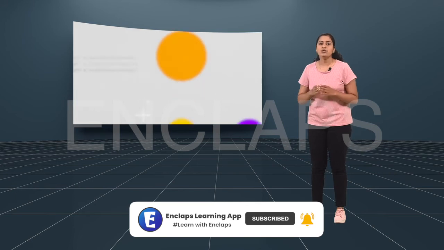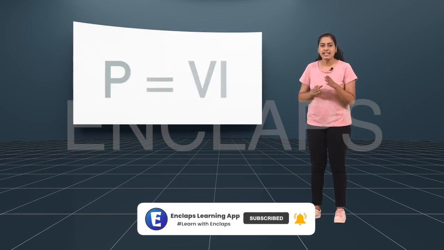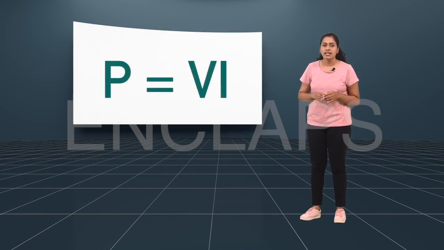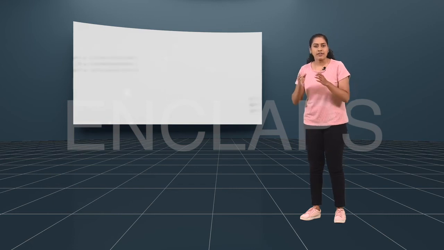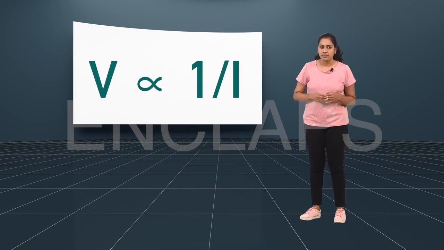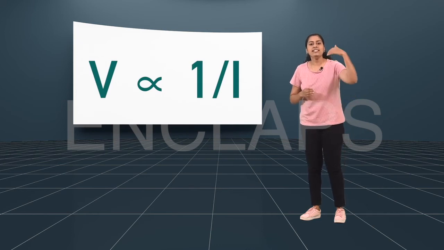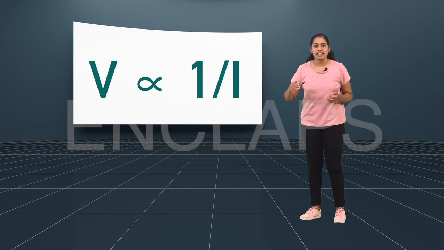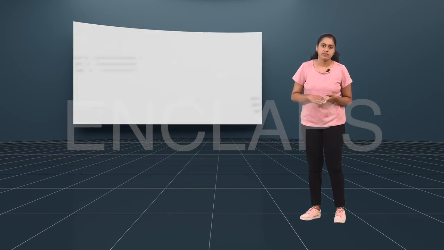So, from the equation of power, that is P is equal to V into I, we can conclude that in a transformer, voltage and current are inversely proportional. That is, if voltage increases, current decreases and vice versa.